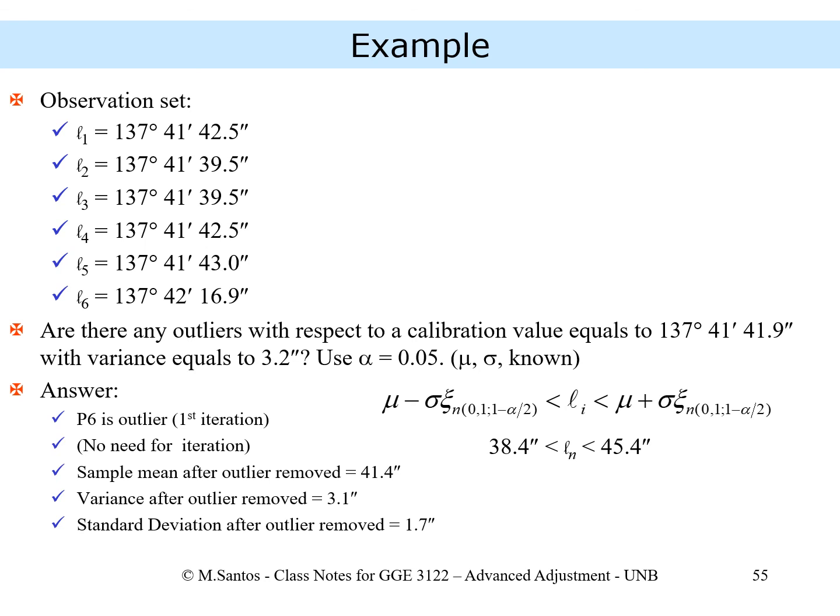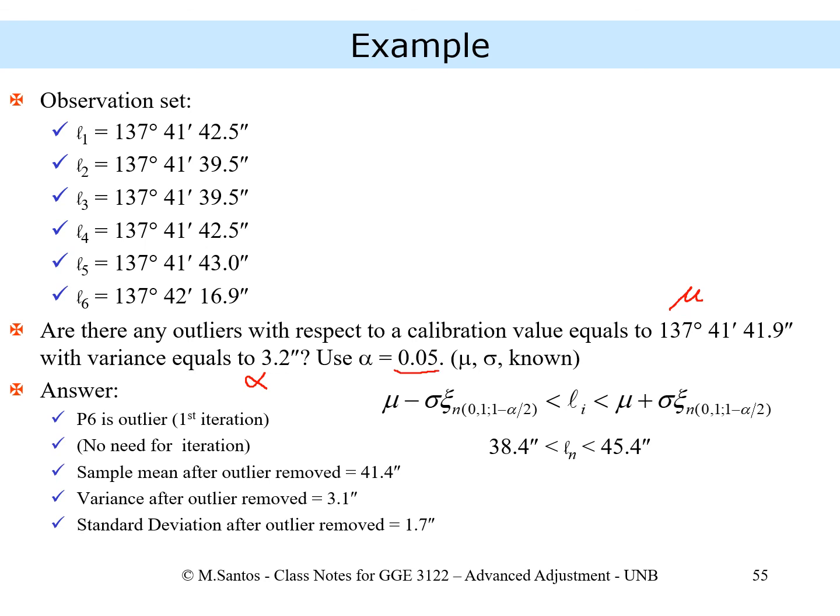So 137, 41, 41.9, and the variance equals 3.2. In this case, we are given the population mean and population variance. This came from a calibration value for the instrument we're using. So we take that as a representation of the population parameters.